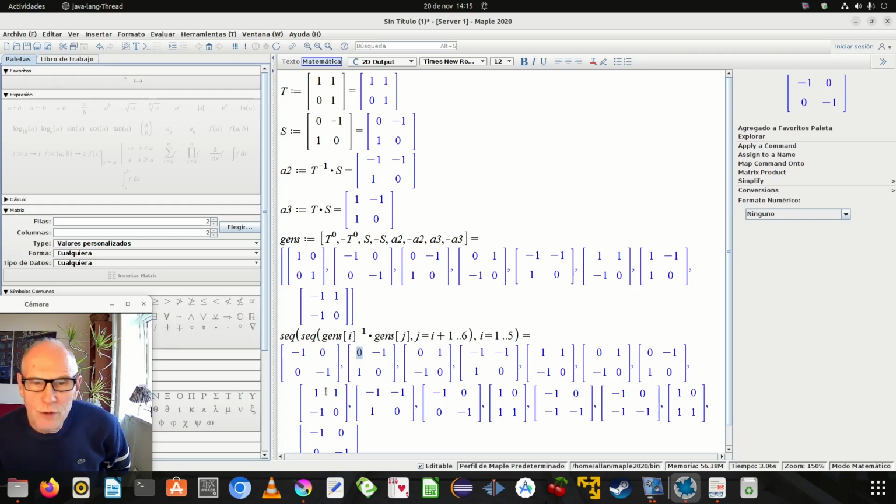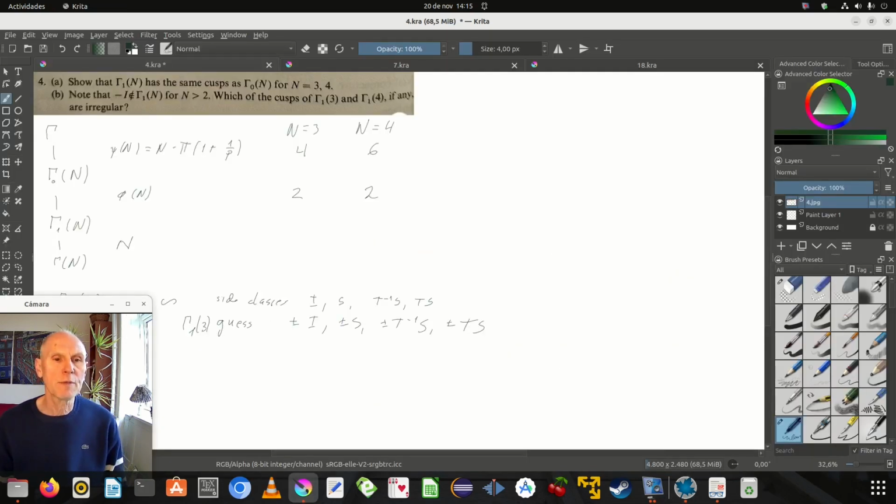So where do we have unity in the diagonal? Here we do, but then this isn't equivalent to naught. Neither is this. Here we see the duplicity. That means that my claim or my guess was correct. I didn't dare to make a claim.